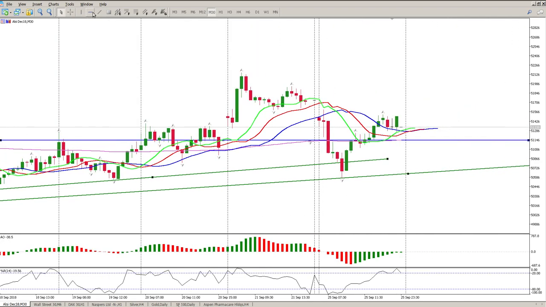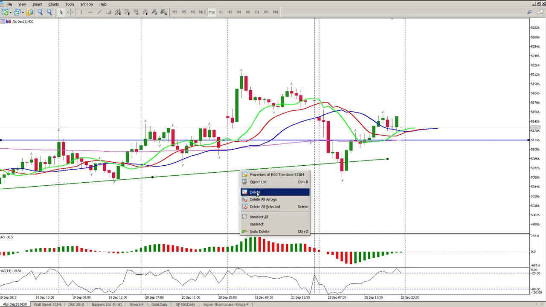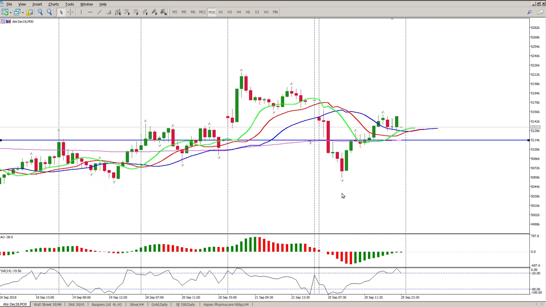Okay, so we did squirt down below, sort of break out, 230 odd points below the underside of the channel, but we came back into channel. So there's two ways of looking at this. Some people look at that as a break of the channel, and they're now waiting for an entry short, and that is a distinct possibility.